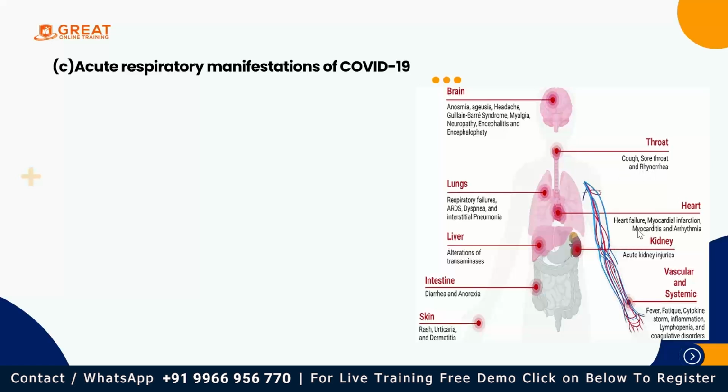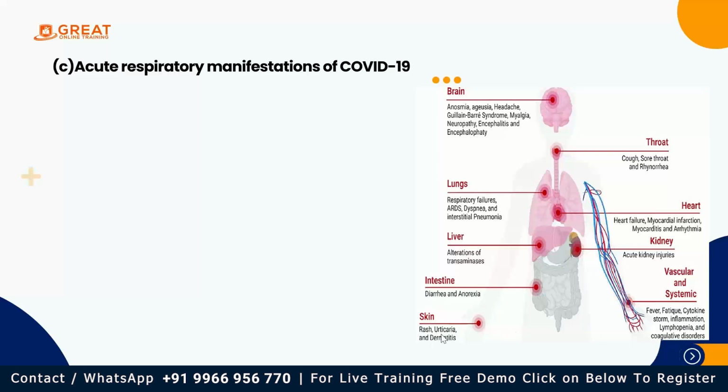In case of the heart: heart failure, myocardial infarction, myocarditis, or arrhythmia. In case of the kidney: acute kidney injuries. In case of vascular and systemic: fever, fatigue, cytokine storm, inflammation, lymphopenia, and coagulative disorders.